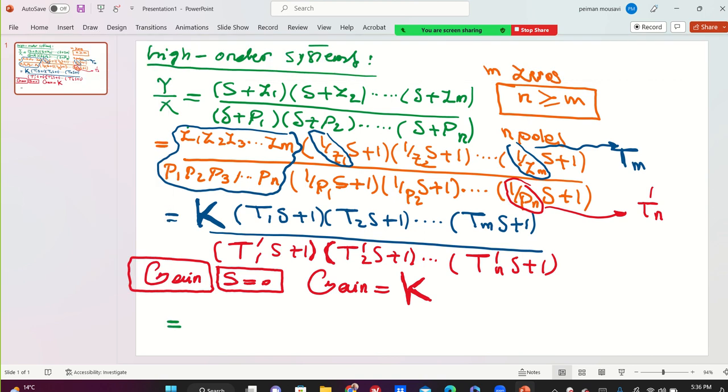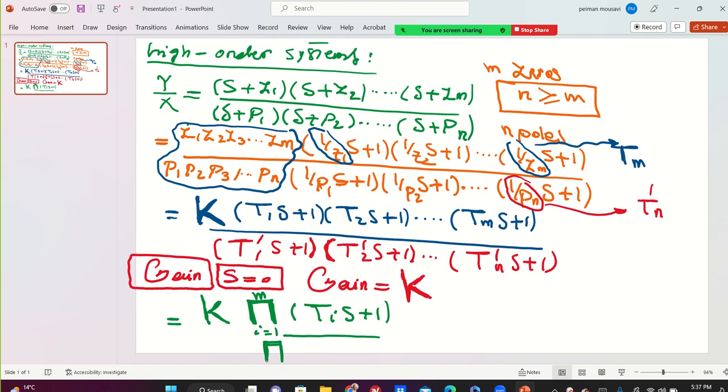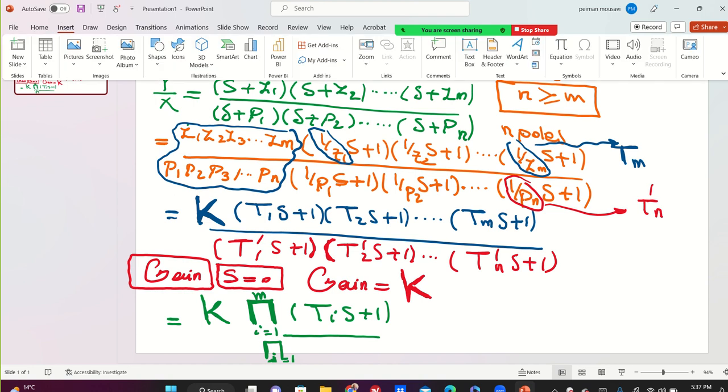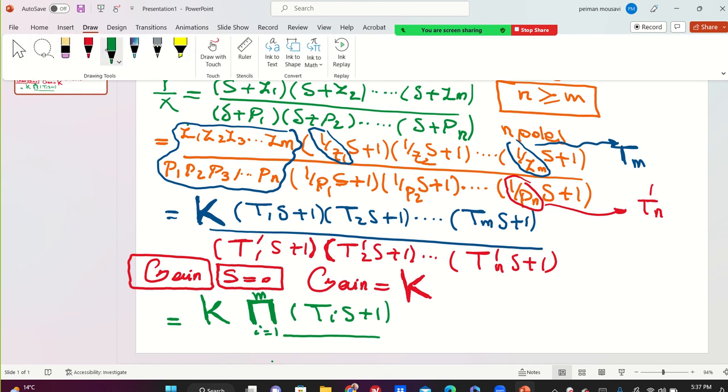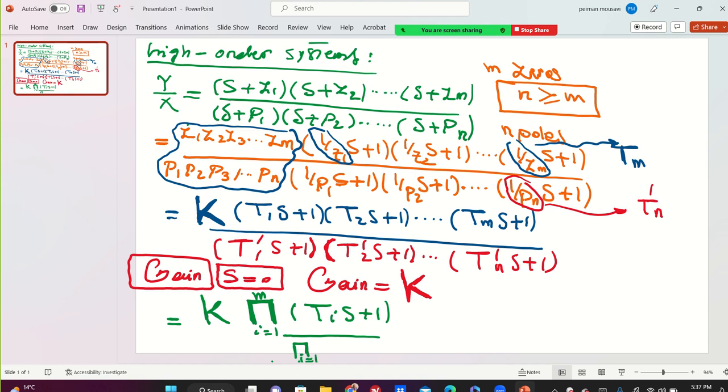Now you can write this technically as the multiplication over i from 1 to m of Ti s plus 1, divided by the multiplication over j from 1 to n of T prime j s plus 1.